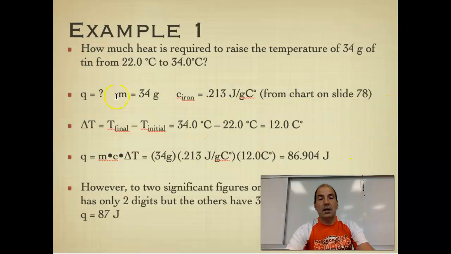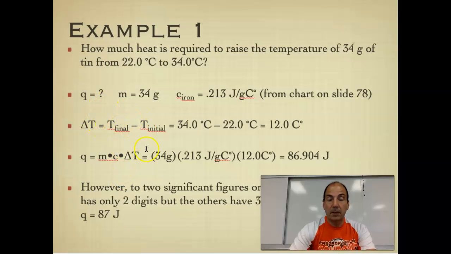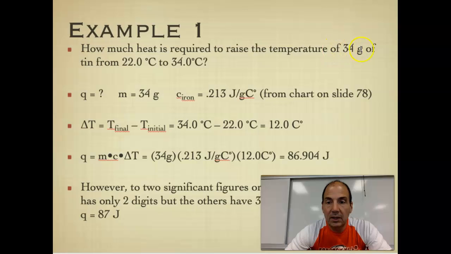You'll notice that I wrote out my givens, wrote out my unknown, I have my equation. Then after I write the equation, I substitute in the numbers, and then I do the calculation or solve for it. So let's go through the idea here. We know the mass is 34 grams. We know the specific heat of iron is 0.314.